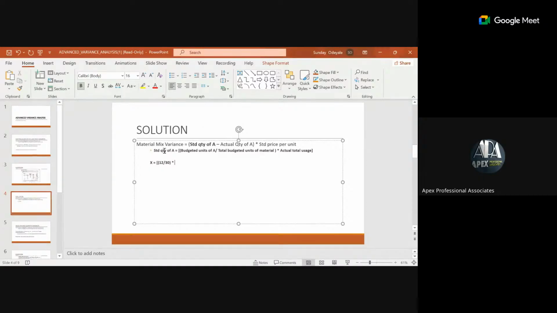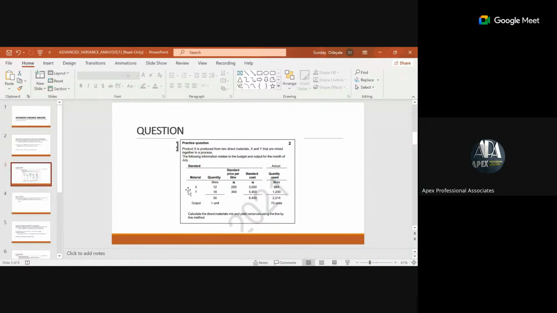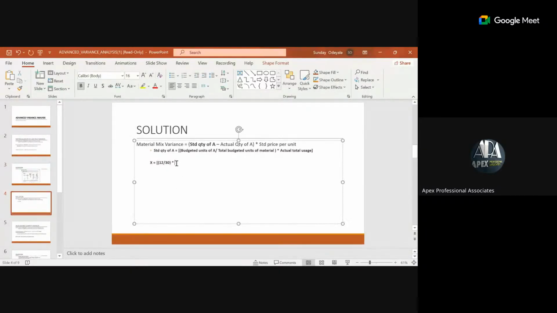Now we want to calculate the standard quantity. We've gotten our standard proportion to be 12 divided by 30. So your actual total usage. You go back to the question and check how many units did I use entirely. They used 2,214 liters.